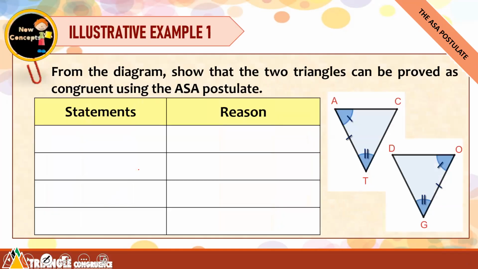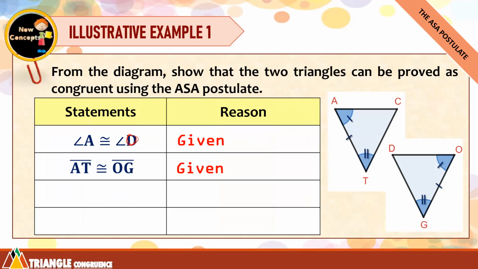So for example, let's try to prove that these two triangles are congruent. What does angle A correspond to? Angle O, right? Oh, sorry, that's supposed to be angle O, okay? Angle O, and for the side, AT is congruent to OG.